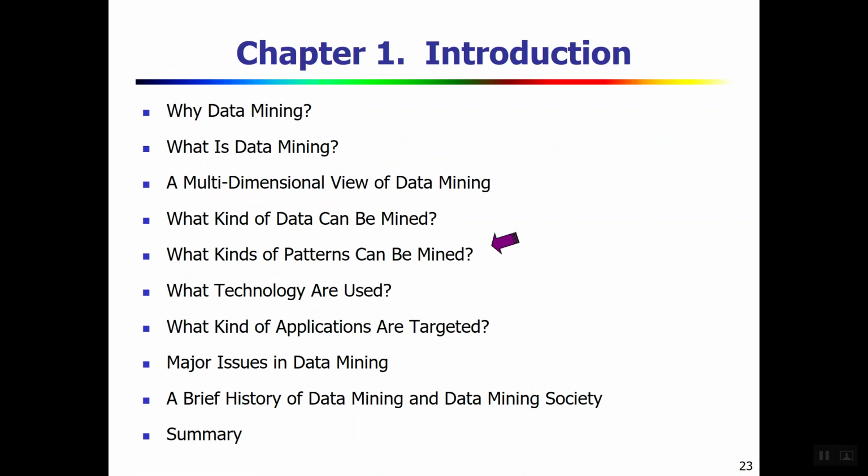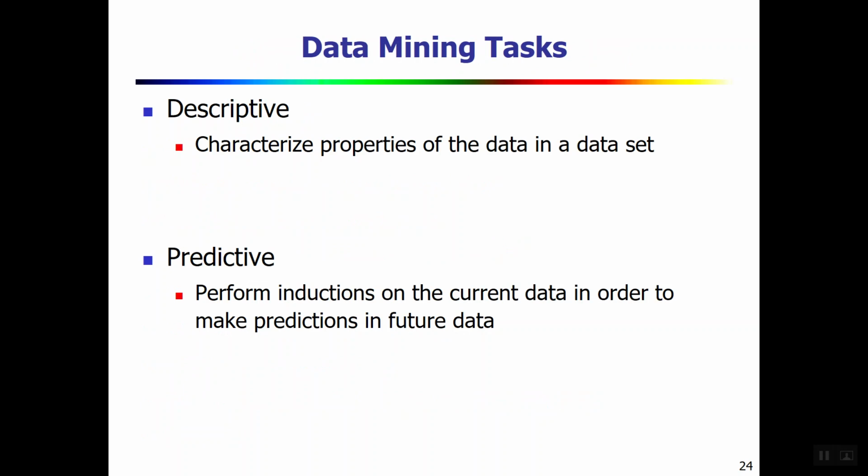Okay, so we've defined data mining and looked at data mining processes, and we looked at what kind of data can be mined. The next key question we want to ask is what kinds of patterns can be mined. Conceptually, there are two groups of data mining tasks.